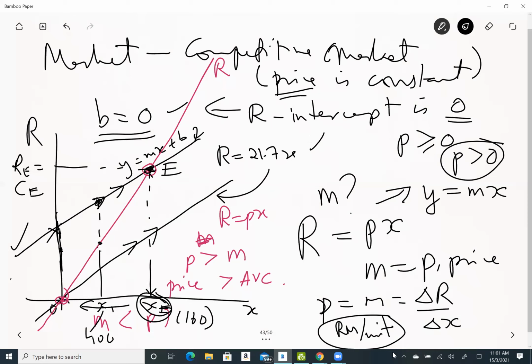What does it mean? It means you get a loss. Now take one point higher than XE. Call it X2, say here 250. What can you say about the revenue and the cost?